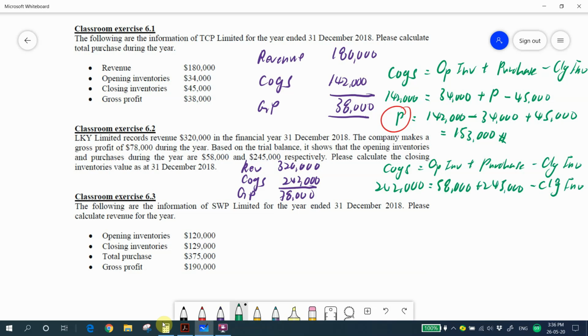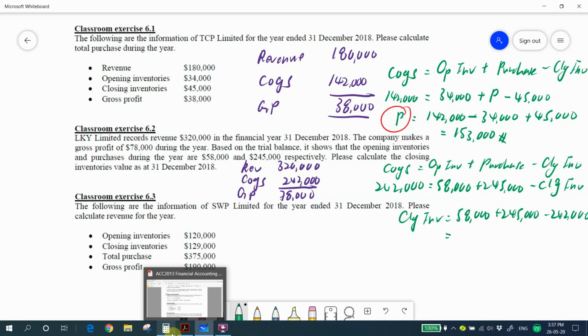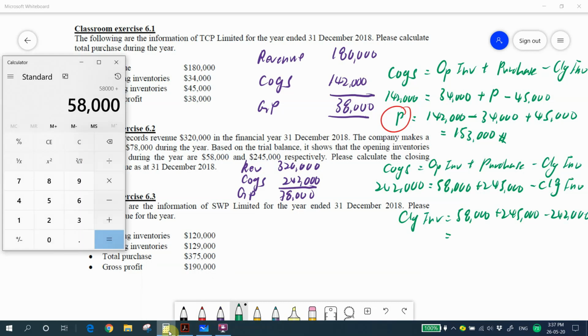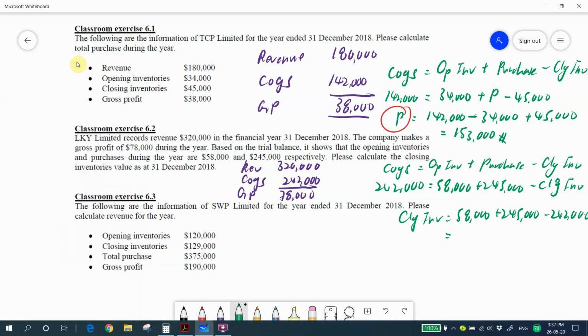How do we get the closing inventory? Your closing inventory equals 58,000 plus 245,000 minus 242,000. So your answer is 61,000. The value of your closing inventory is 61,000.